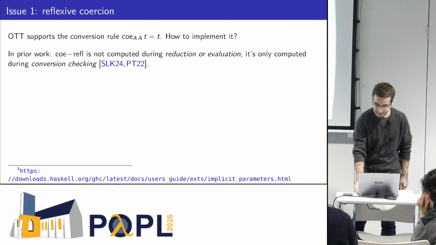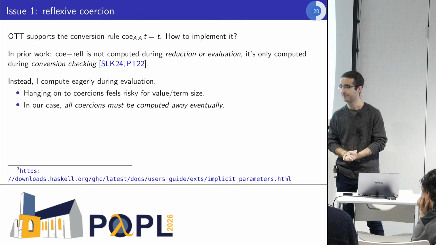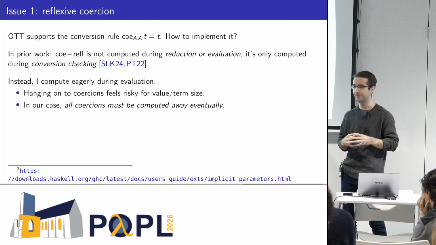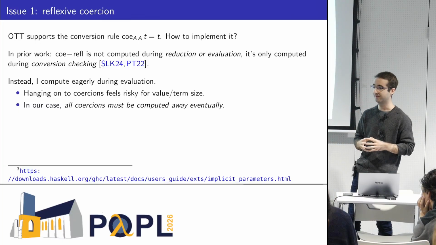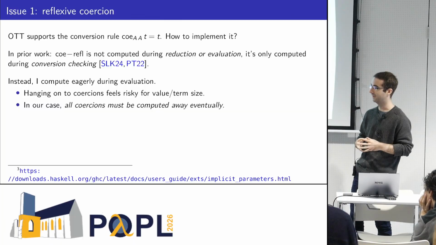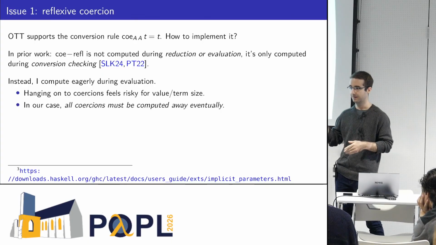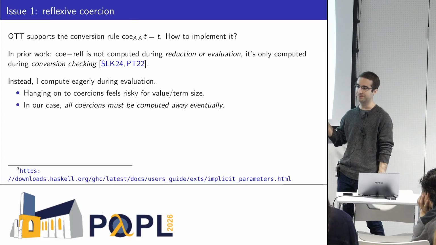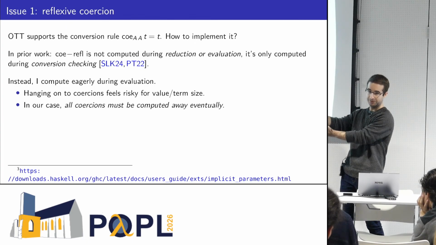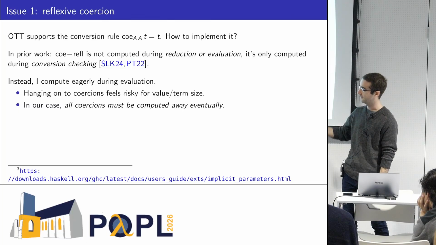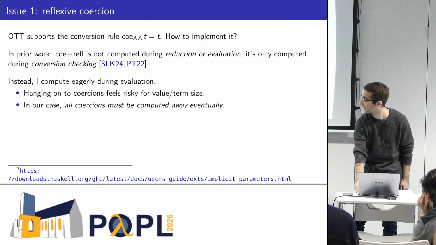But I'm not really sure about this thing, because if we hang on to coercions for too long, that feels bad for the sizes of the values and the terms that we are working with. And in our case, in the end, every coercion has to be computed away, because otherwise we have unsolved remaining problems. So we have to go into some total core in the end, which does not contain any coercions. So we might as well compute these eagerly.